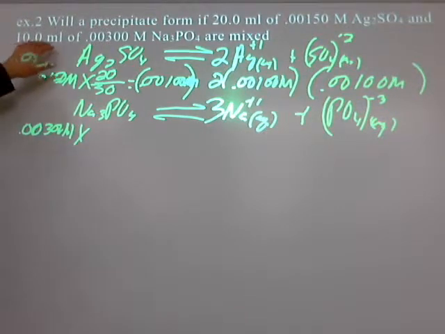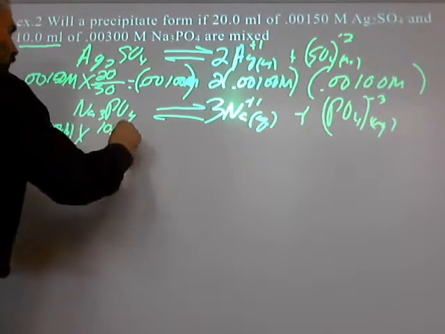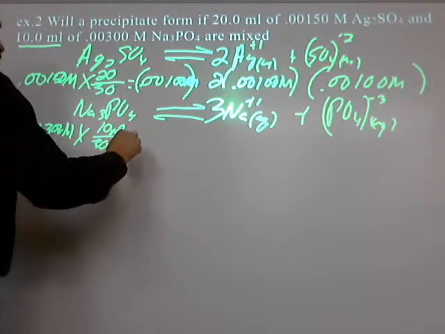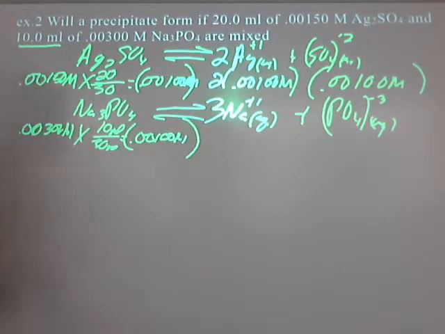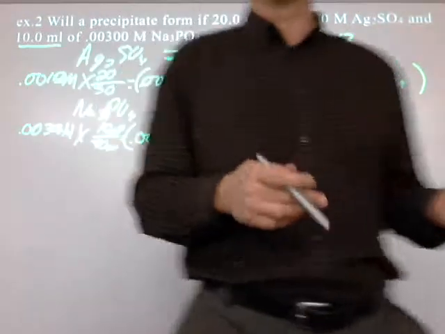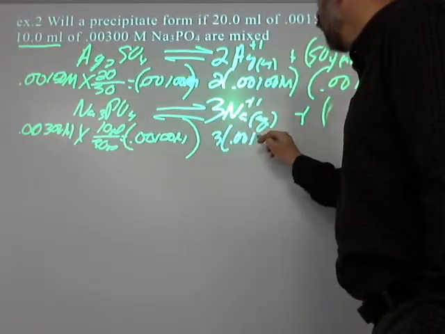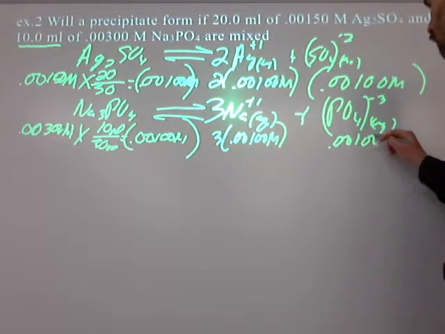Yeah, 10 is the initial amount of this one, and 30 is still the total volume. So 10 milliliters over 30 milliliters gives me what? 0.00100 molar. It makes my life real easy, because I made those numbers come out so you don't need a calculator: 0.003 times 1/3 is 0.001. So that means this one's going to be 3 times 0.00100, and this one's going to be 0.00100.